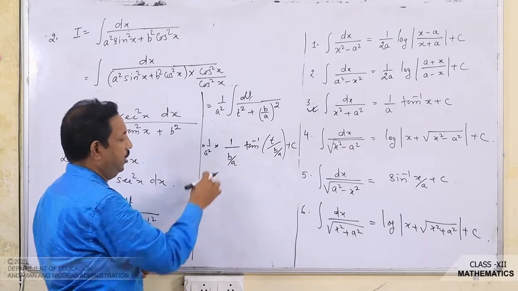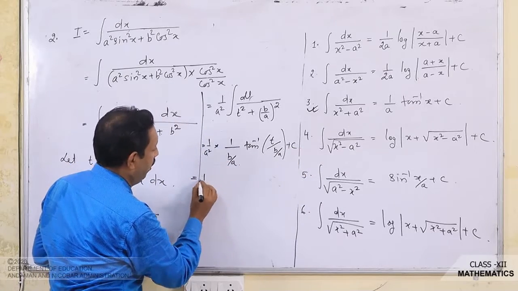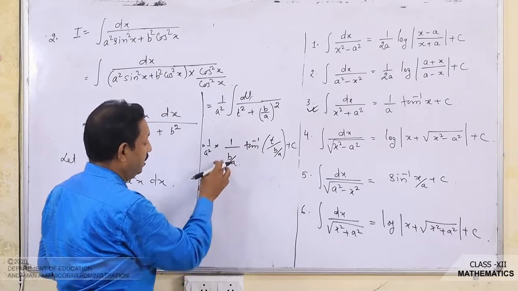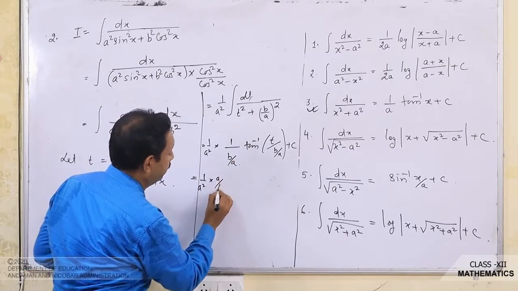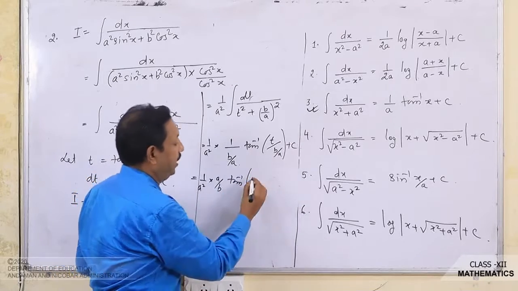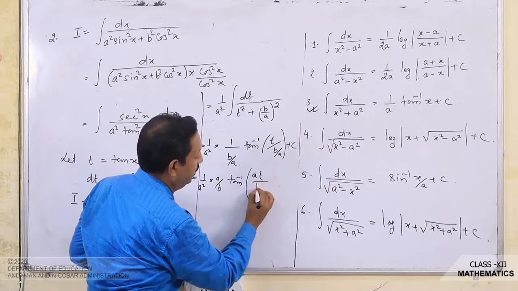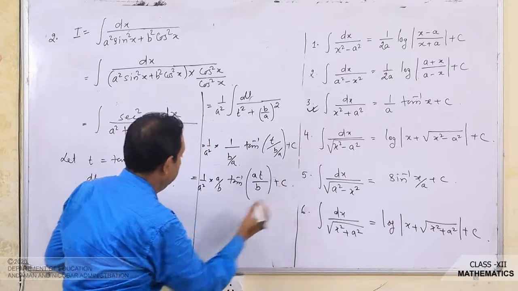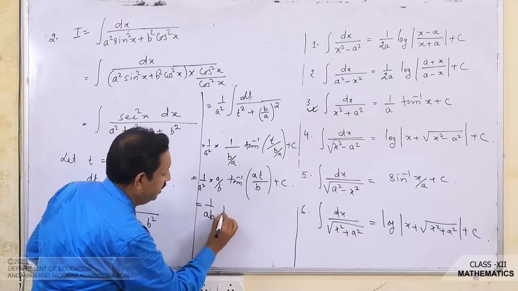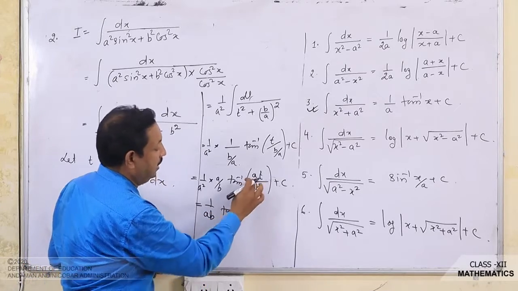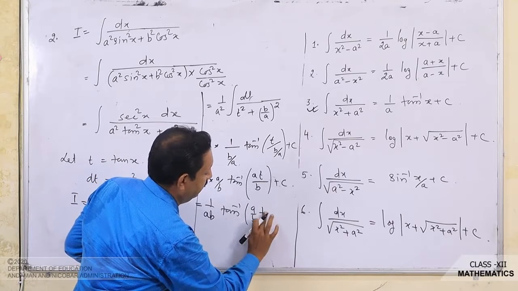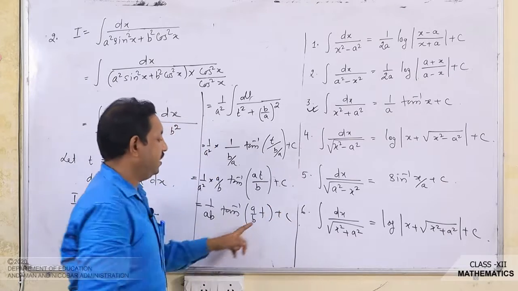So after calculating, you will have 1 by a square here, and this a will be in the numerator, that means this is a by b, and tan inverse of a t upon b plus c. So a cancels, and you will have 1 by a b tan inverse of a by b of t plus c.